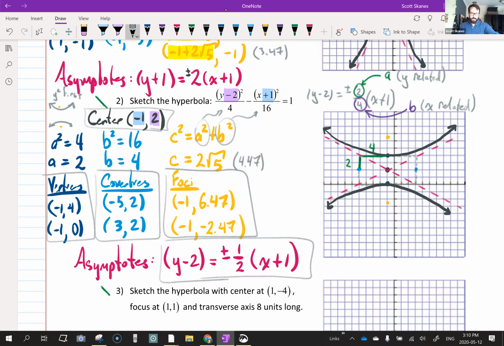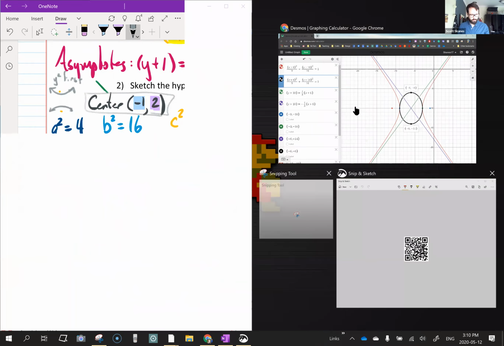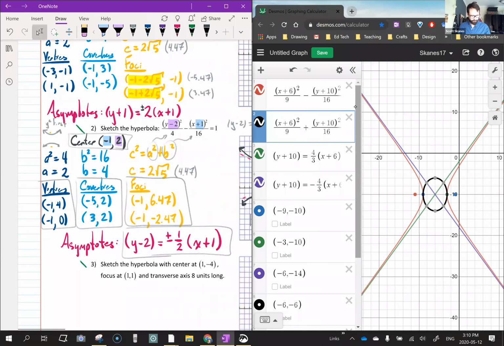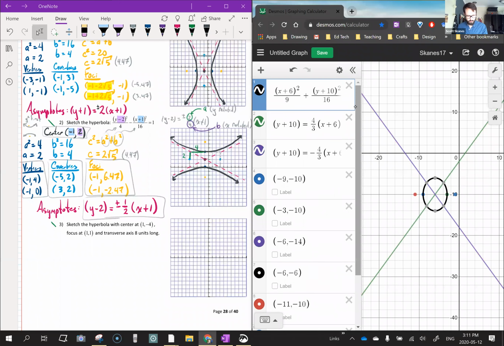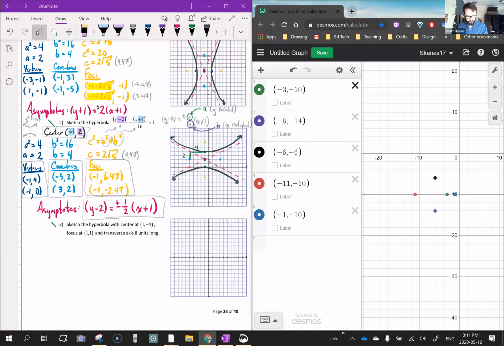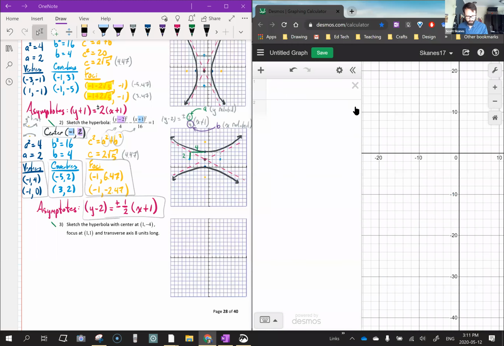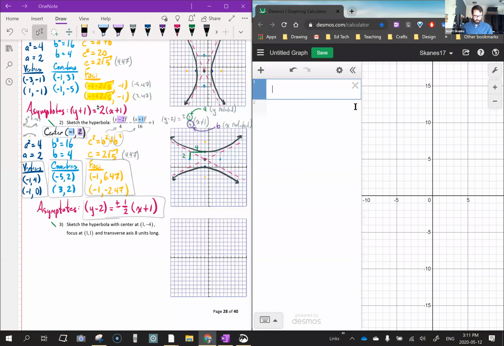Just in case you're curious, I'm going to quickly check my answer on Desmos, so I'll put my answer up here. I want to be sure that I'm right. We'll just do the basics. I'm just checking my numbers.